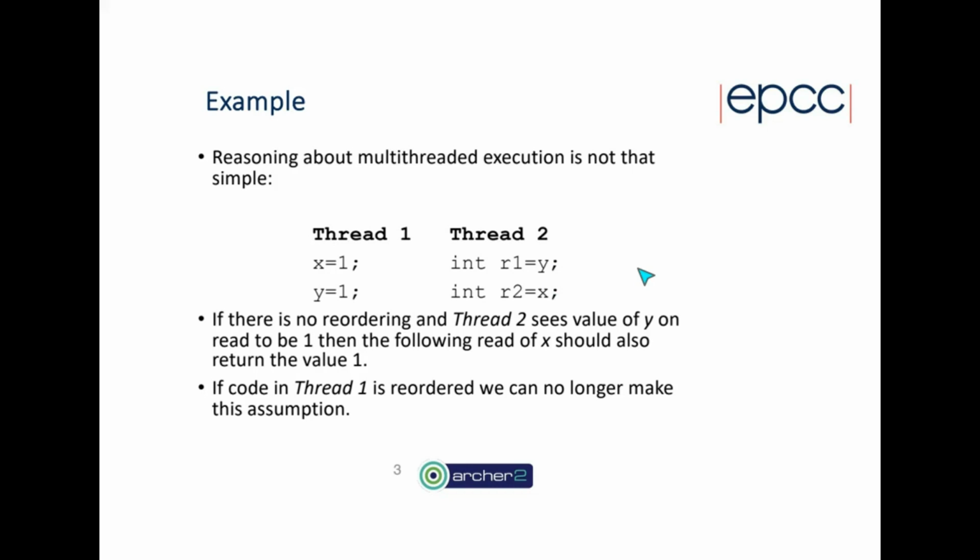If no reordering happened, then we could have some guarantees: if thread 2 sees the value of y to be 1, then the subsequent read of x would also return 1, because x was written before y. If no reordering was happening, that would be a valid assumption.